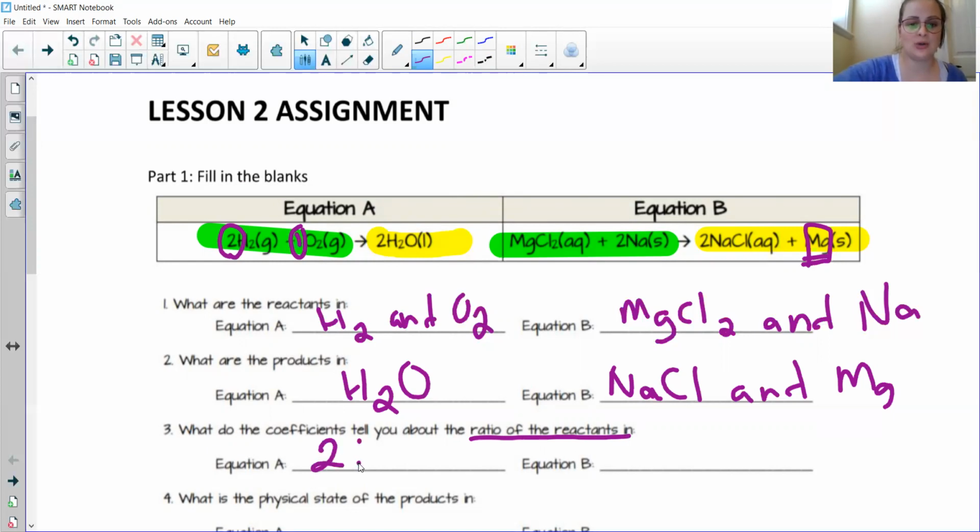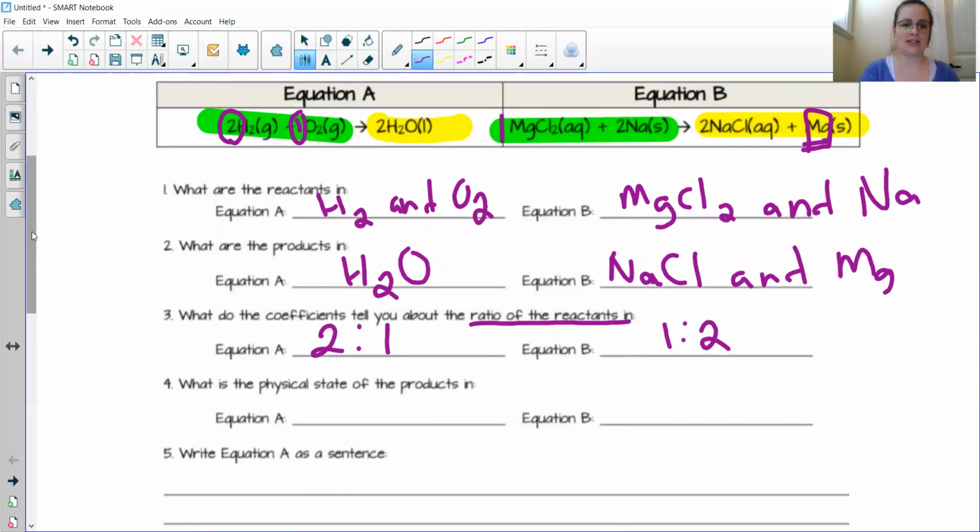So it's a 2-to-1 ratio, because there are 2 hydrogen gas molecules for every 1 oxygen gas molecule. And for equation B, there is no number in front of that first compound, which means there is a 1 there. So it is a 1-to-2 ratio, 1 magnesium chloride molecule for every 2 sodium molecules.